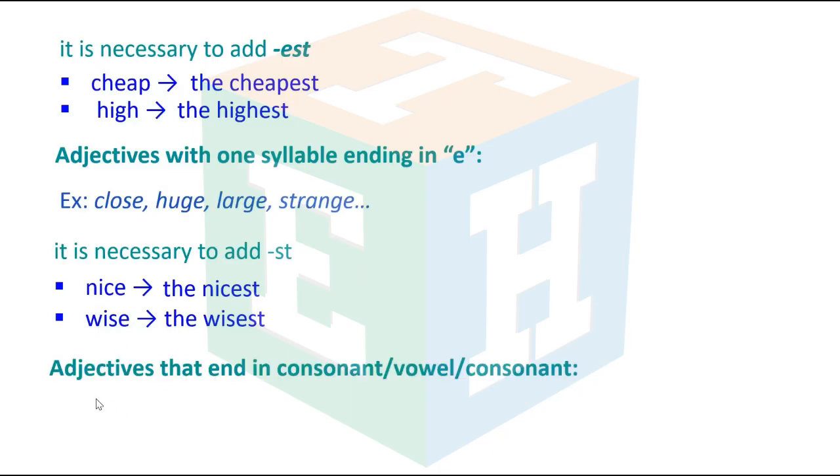Adjectives that end in consonant, vowel, consonant. Example: fat, red, sad, thin.